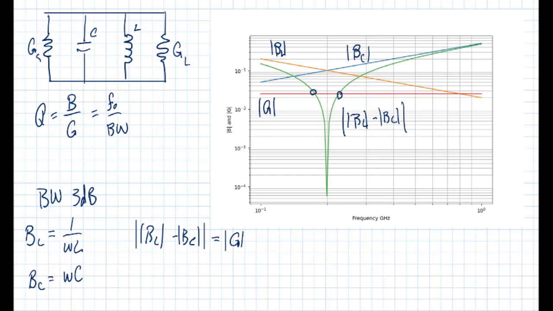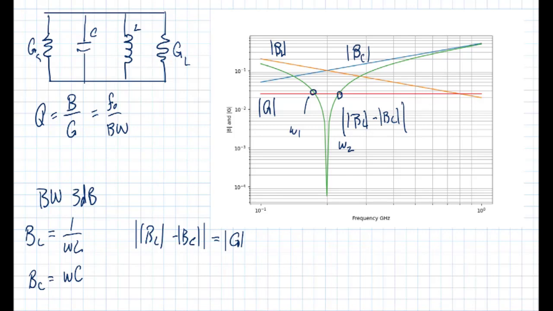We're going to look at the two different frequencies. Let's call the lower frequency 3 dB point omega 1, and we'll call the upper one omega 2. Since we're looking at the absolute value of the difference in magnitudes of the susceptances, we can arrange the terms so we end up with a positive result, so we don't have to do negation.